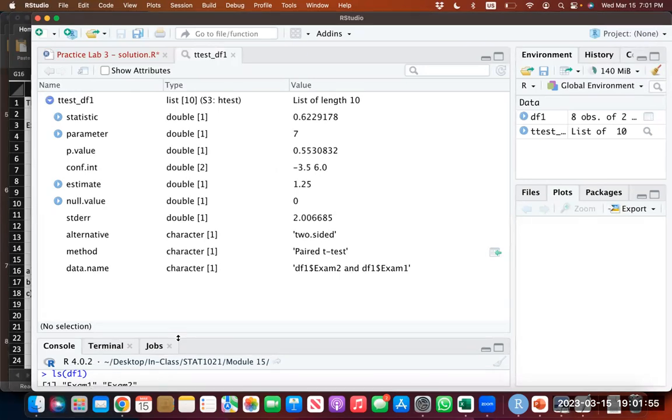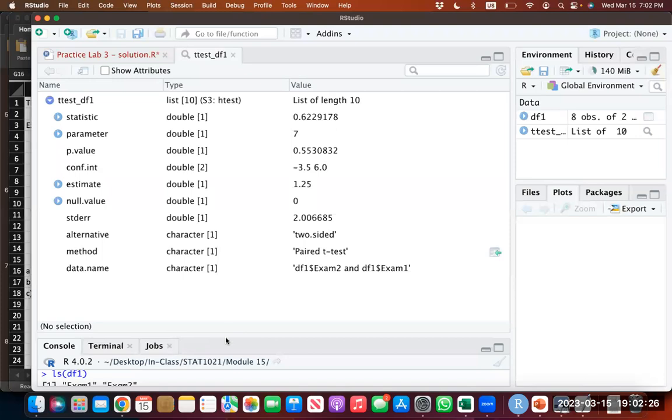We have the data, the statistic, the t, which is 0.62, which we know. That is our degrees of freedom, that's our p-value, that's our confidence interval, that's our estimate, the difference. That's the null value, the reference value, that's our standard error. Alternative, which you can change to one-sided if you're interested. The method is paired t-test, and the data name.